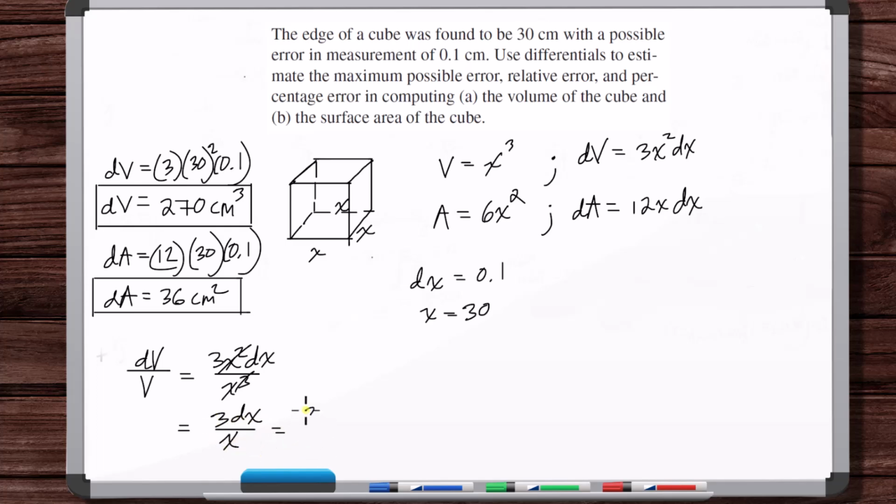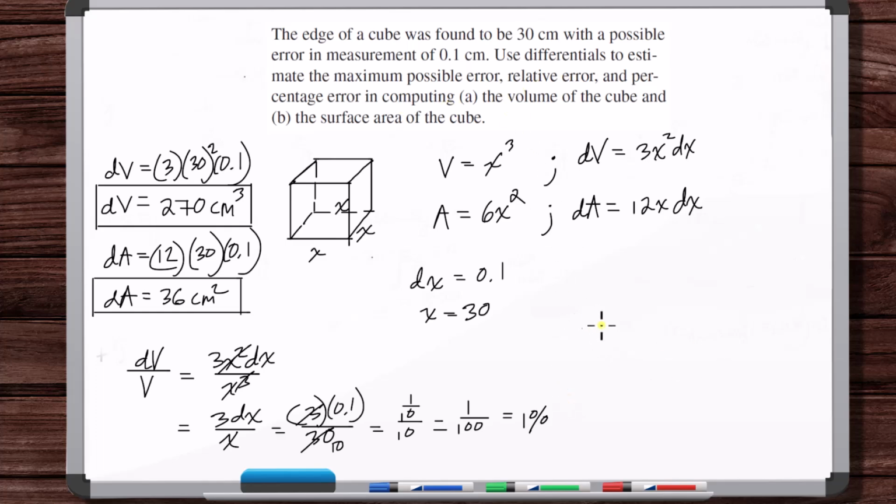So this is 3 times 0.1 over 30, which is 1/10 over 10, so 1 over 100. That's the relative error. If you want to express that as a percent, this is 0.01, so that's 1%. So that's the relative error and the percent error.